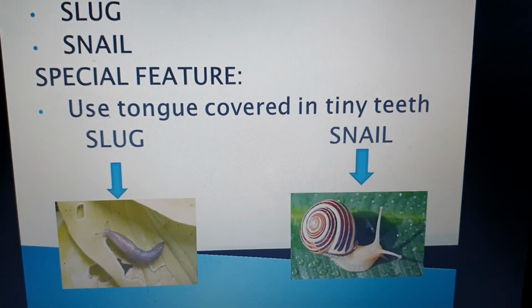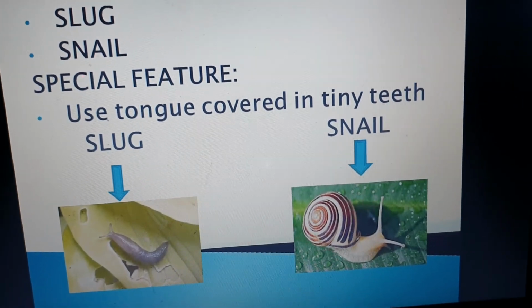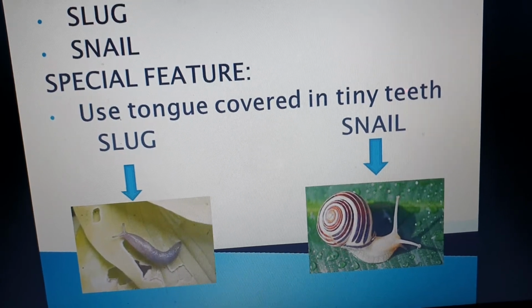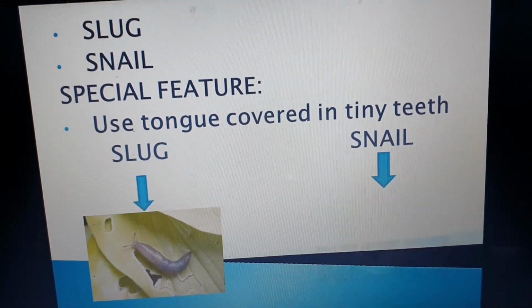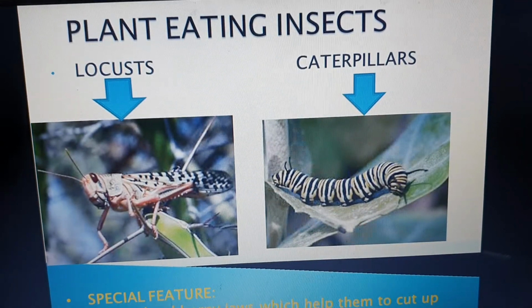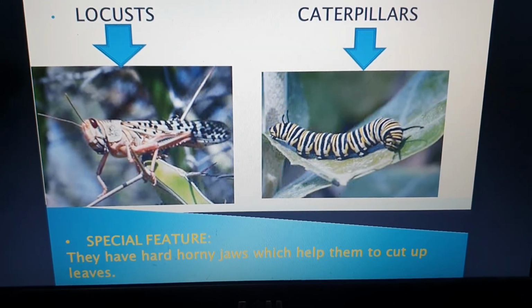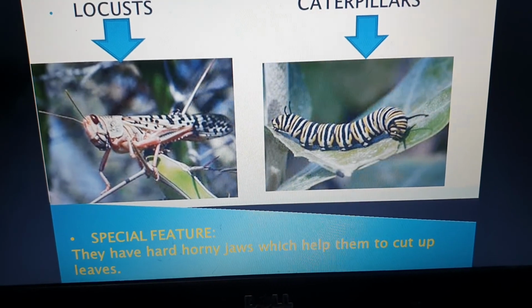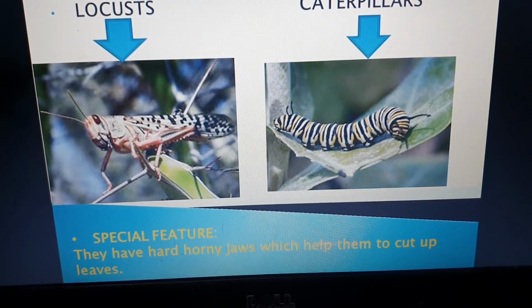And slug and snail, what do they do? They use a tongue covered in tiny teeth to eat the plants. And in the previous one, what was the special feature of the locust and caterpillar? They have hard horny jaws which help them to cut up the leaves.